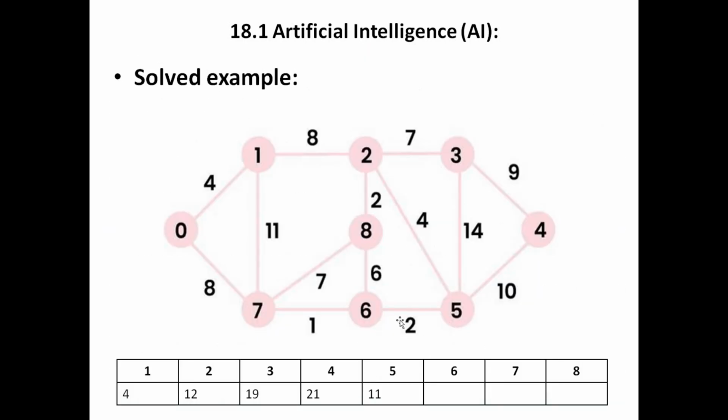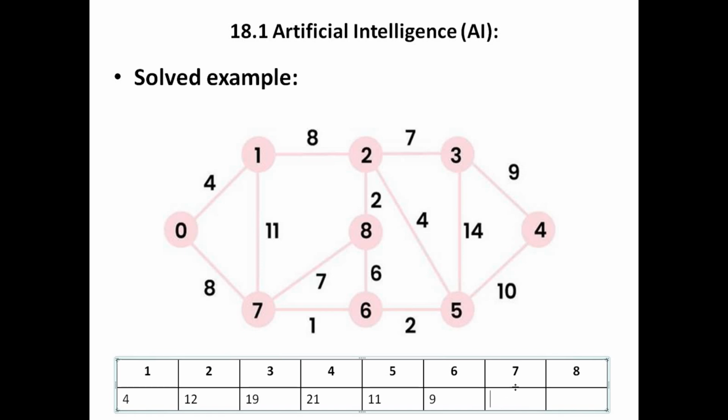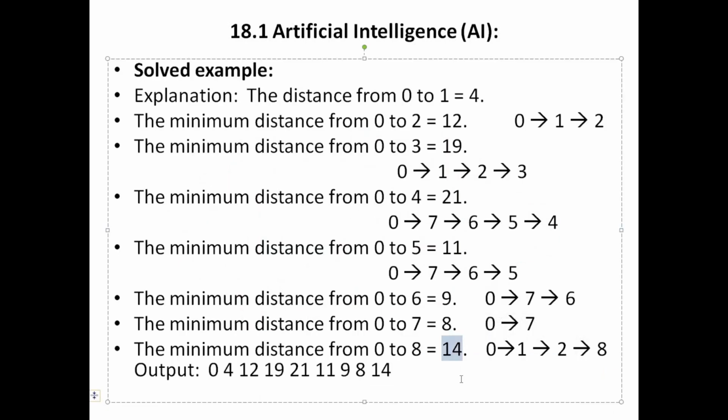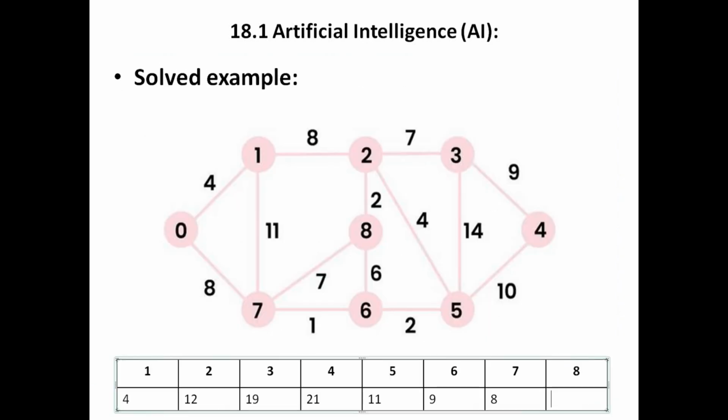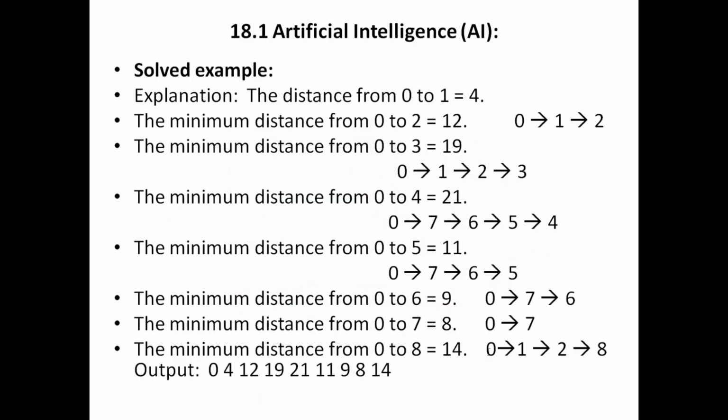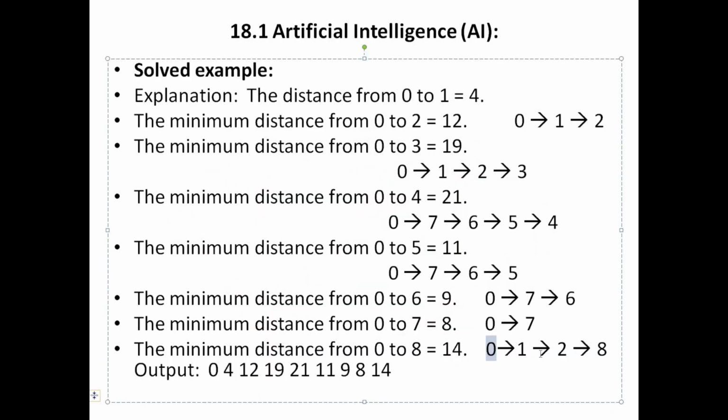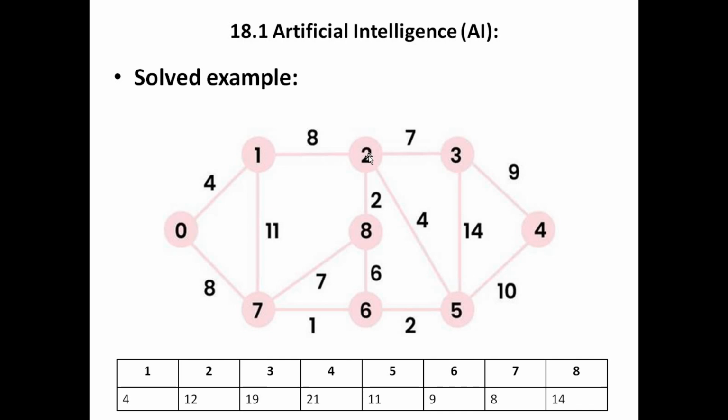From 0 to 6 it will be 9. You can go from 0 to 7 and then 7 to 6. From 0 to 7 it will be 8. They are directly connected. From 0 to 8 it will be 14. First you'll go from 0 to 1, then 1 to 2 and then 2 to 8.